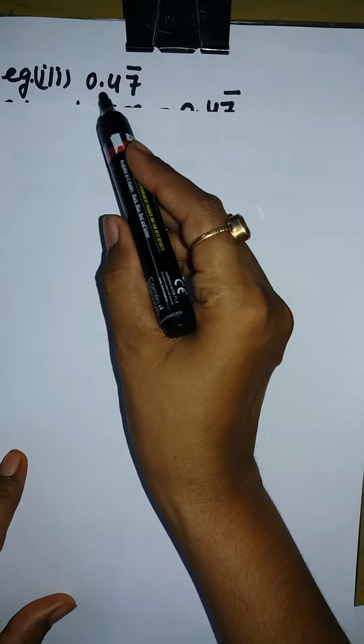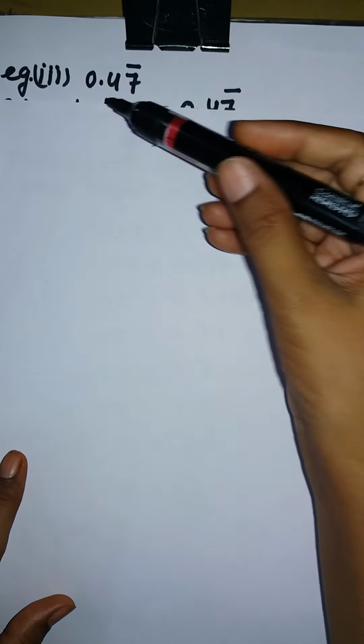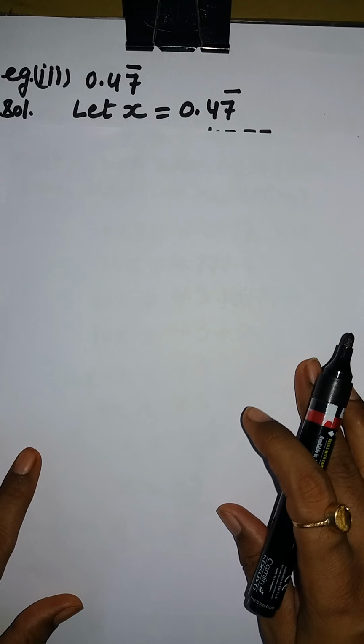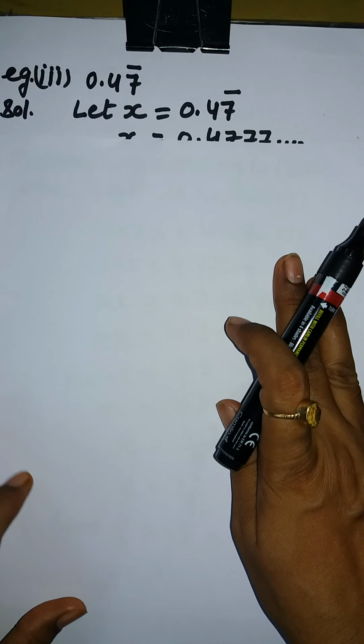Let us take one more example. Earlier two examples were pure non-terminating repeating decimals. Here we are taking the example of a mixed non-terminating repeating decimal: 0.47 with a bar over the 7. Here 4 is not repeating, only 7 is repeating. Now let us consider this as x.